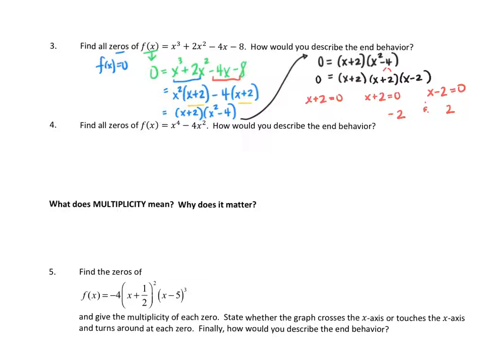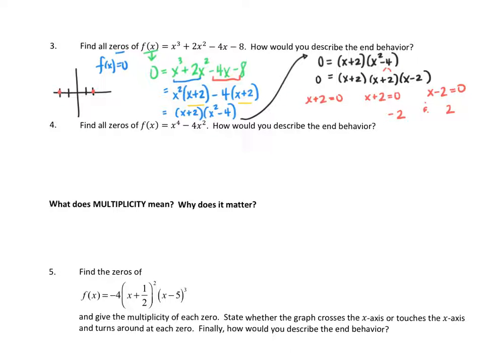So we're not going to graph just yet, but you could kind of get an idea of what's going on with the graph. So I know that I would have a point at negative 2 because that's one of my zeros, and then a point of positive 2. You could always use your y-intercept.